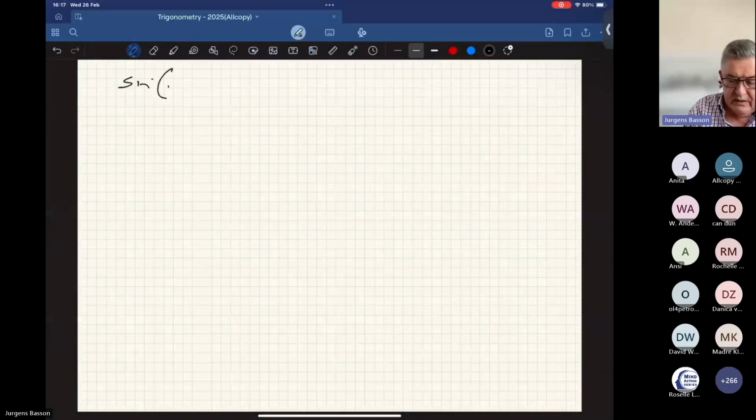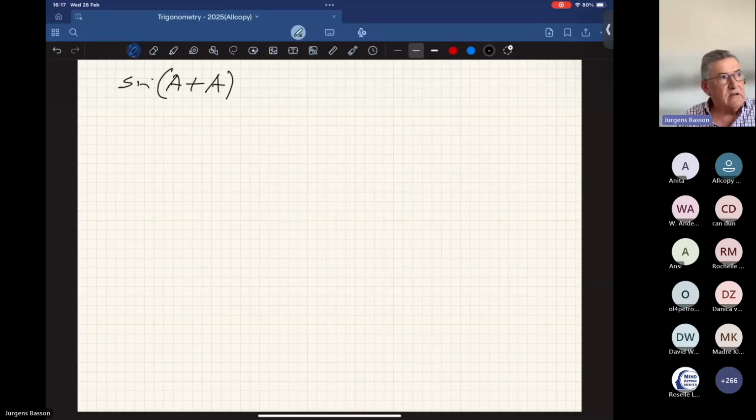So what I like to do as well, like I showed you with the compound angles, is they must find it. Then what I ask them to do is to do sine of A plus A for me. So I don't tell them it's a double angle. Double angles are also compound angles. The only difference is the two angles are the same.